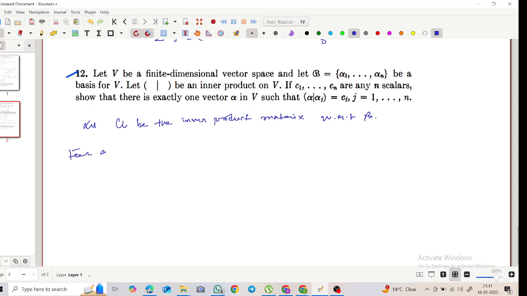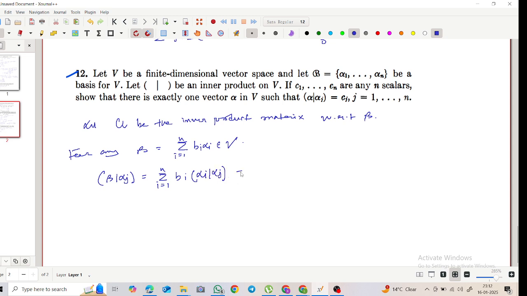For any vector beta, we have, what is the inner product of beta with alpha j? Correct?